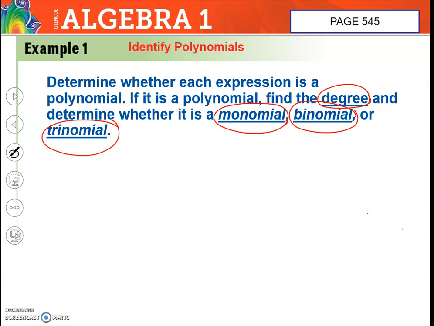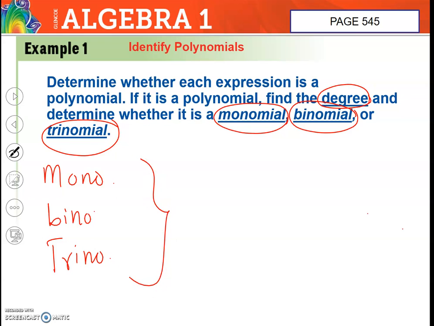I explained in the vocabulary monomial, let me just write mono, binomial, bino, and trino. I'm just using the short terms. All these are classified as polynomial.